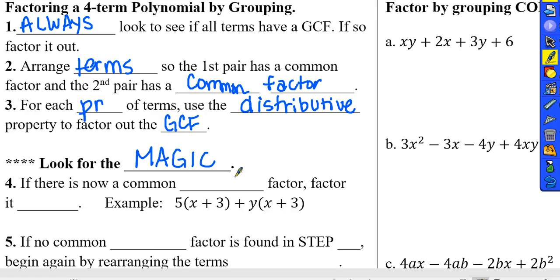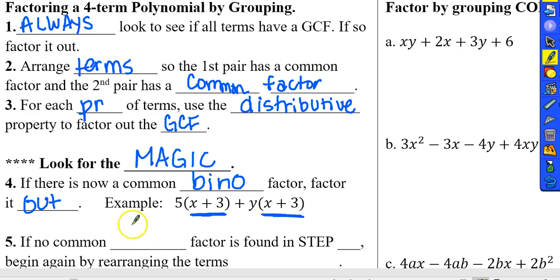Okay? Step 4. If there is now a common binomial factor, factor it out. Example, I'm just going to underline the common binomial factor, x plus 3, as a visual, a binomial factor.